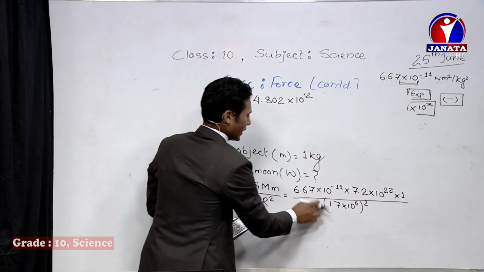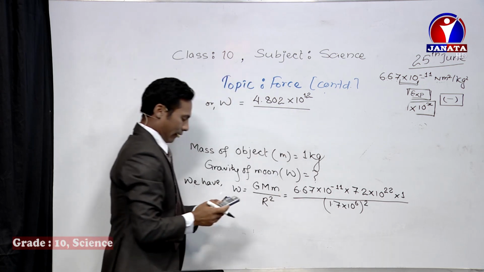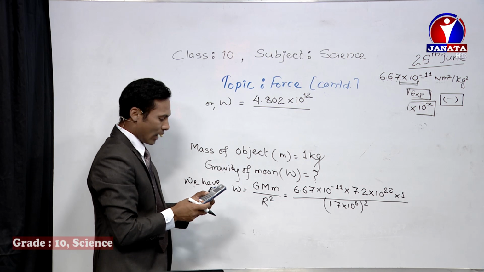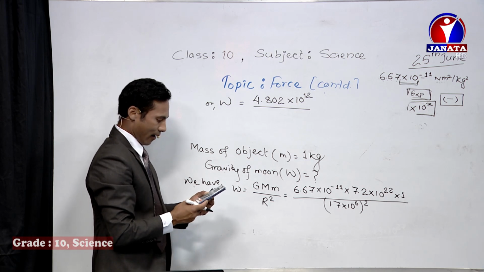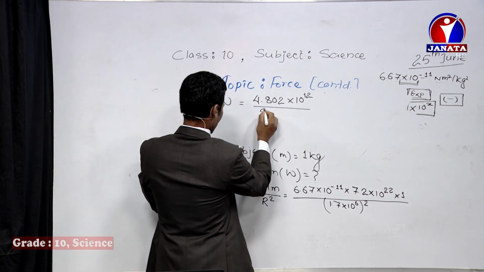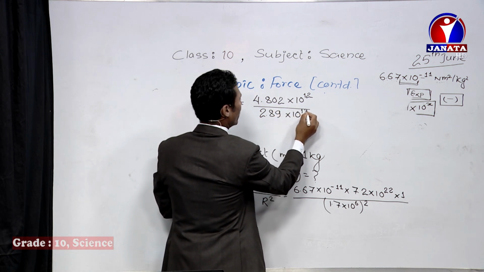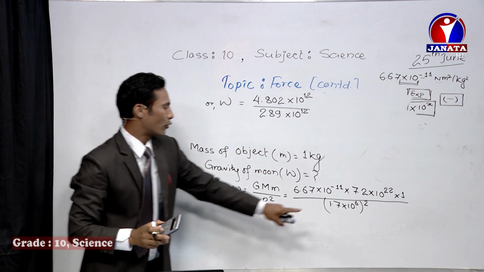Then divide by 1.7 into 10 to the power 6, squared. That is 2.89 into 10 to the power 12, the square of this one.